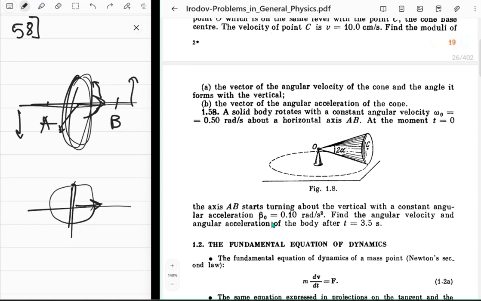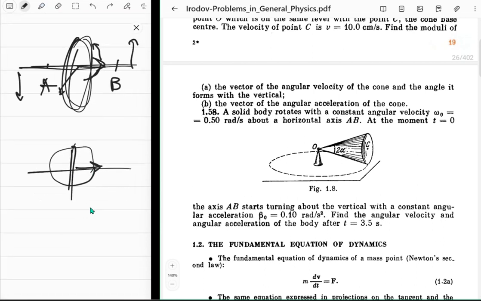Instead, it's an acceleration. Fine, angular velocity is no big deal. We can definitely find that out. But acceleration, that definitely is a big deal. So we'll have to find for any general t what the angular velocity will be.